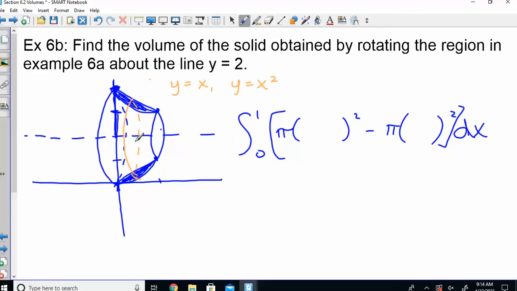The outside radius. So the outside is going to the line. But this is not just going to be y equals x. How would I get the radius here? It starts on my horizontal line and goes up to the x. What do you think? Any idea?